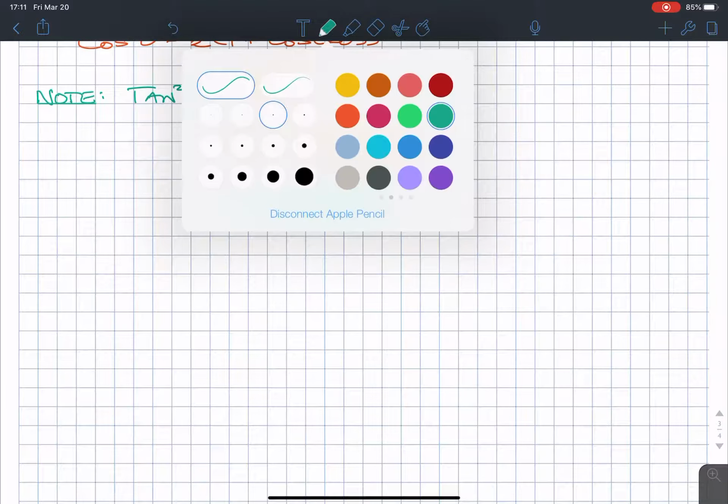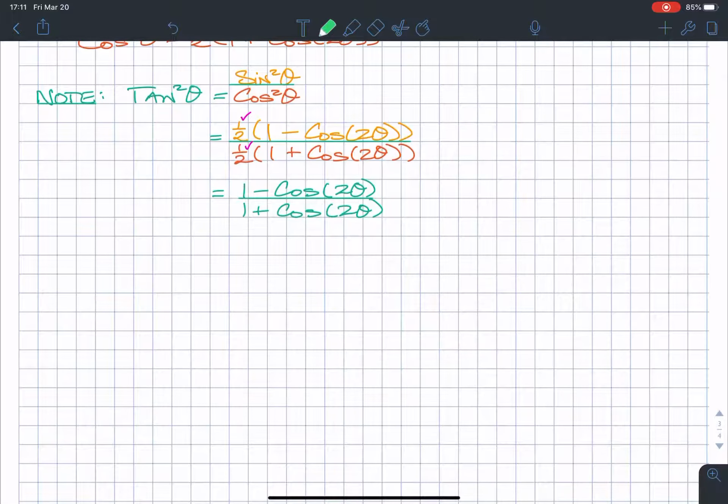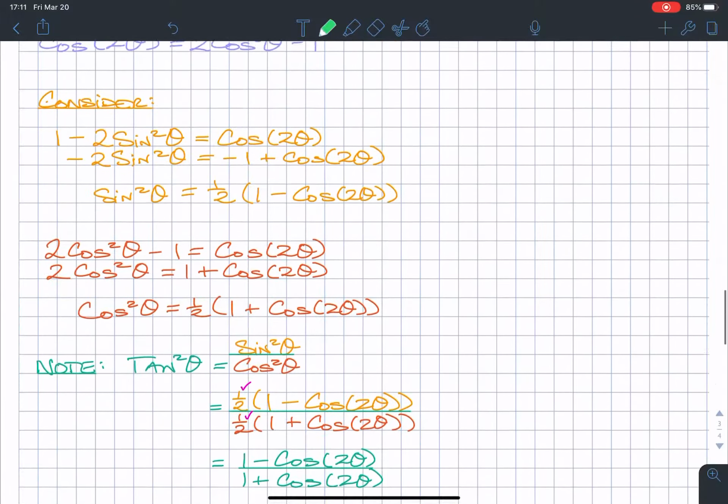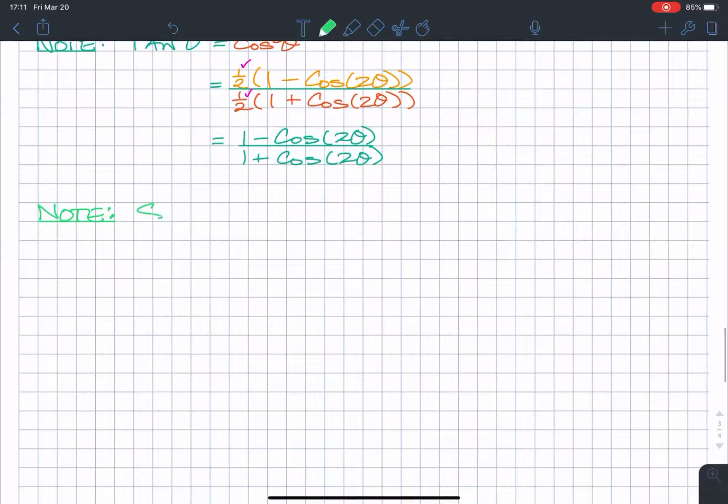Let's also note, given these, so which one did I do first? I did sine. So we have sine squared theta is positive 1/2 times the quantity 1 minus cosine of 2 theta, which means that sine of theta will be plus or minus the square root of 1/2 the quantity 1 minus cosine 2 theta.